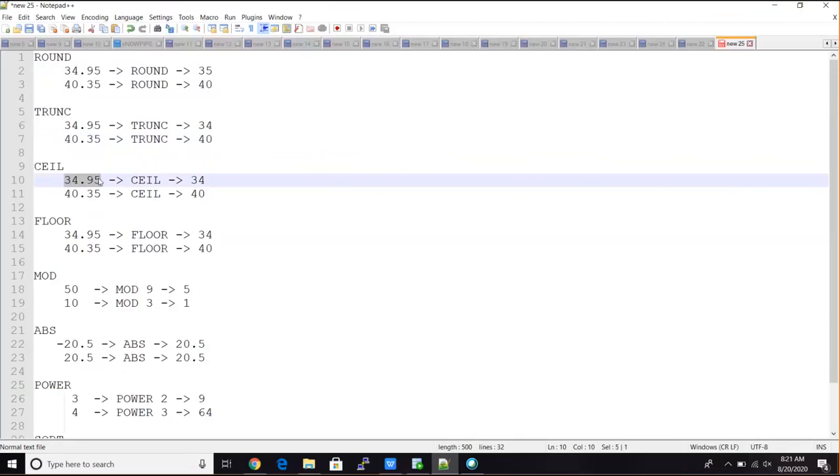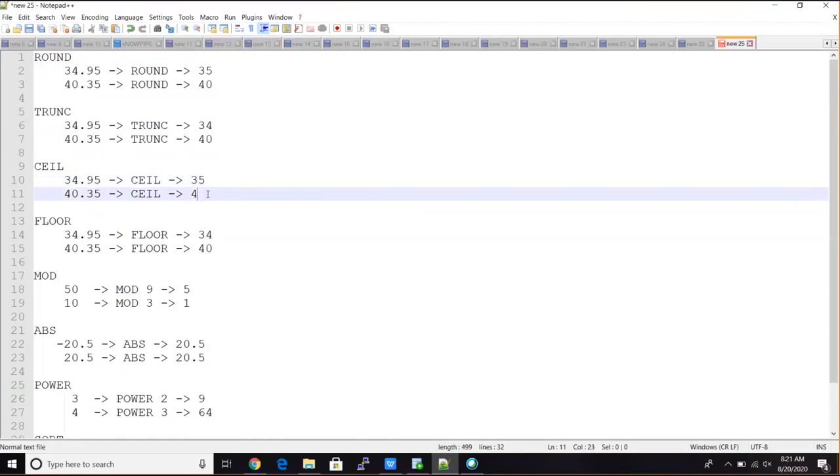Here you have 34.95, and the next nearest integer will be 35. In this case, 40.35, the next nearest integer value will be 41. So that's how it works.